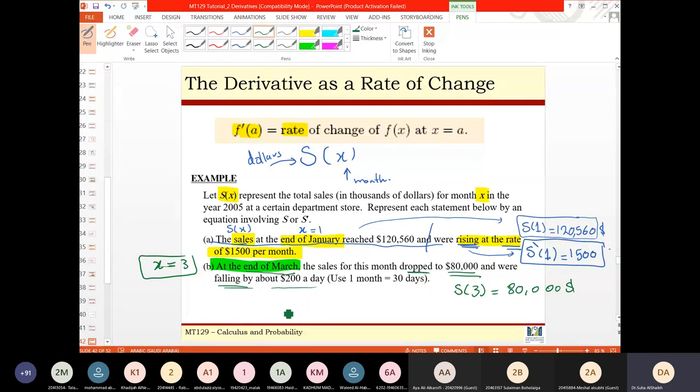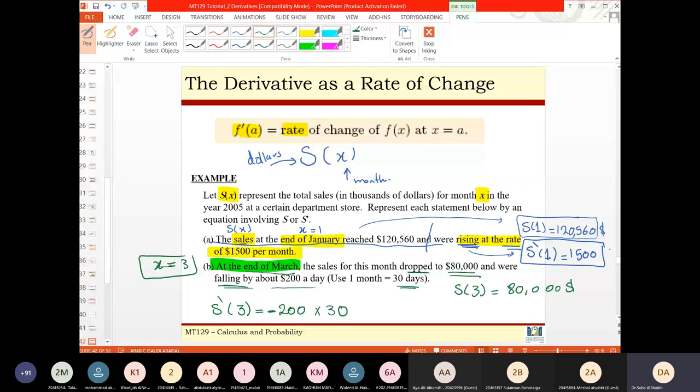Falling again means decreasing, right? Falling means derivative. So it's S dash at month 3. It was falling by $200 each day, but I'm talking about a whole month. They said to consider a month as 30 days, so it was falling by 200 multiplied by 30. Since I have a falling, it should be negative. It's not rising.